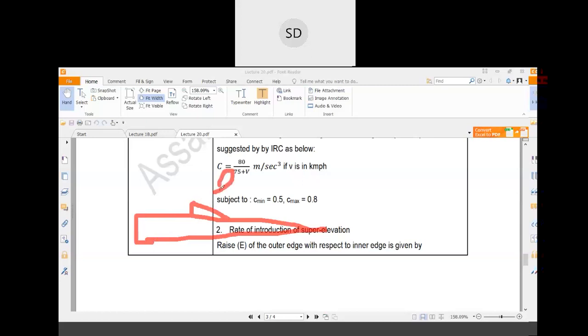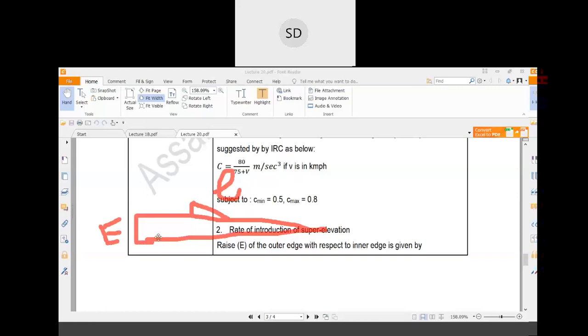Suppose the rate of the super elevation is E. The total height of the outer edge of the pavement with respect to the inner edge is capital E, and this depends on the width of the pavement.